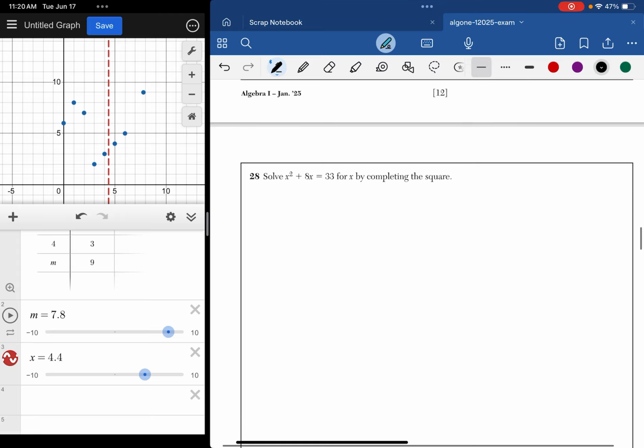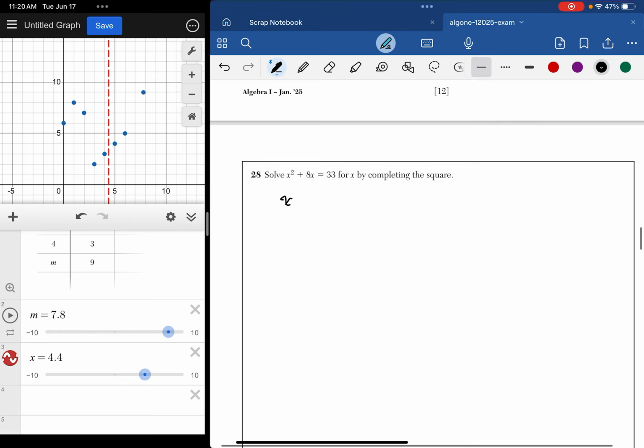Solve by completing the square. All right, looks like they already got rid of the 33 for us, which is nice. So x squared plus 8x, I leave a little space to complete the square, is equal to 33. Depending on how you learned it, you might have learned it as take the b value, cut it in half, and square it, and add it to both sides.